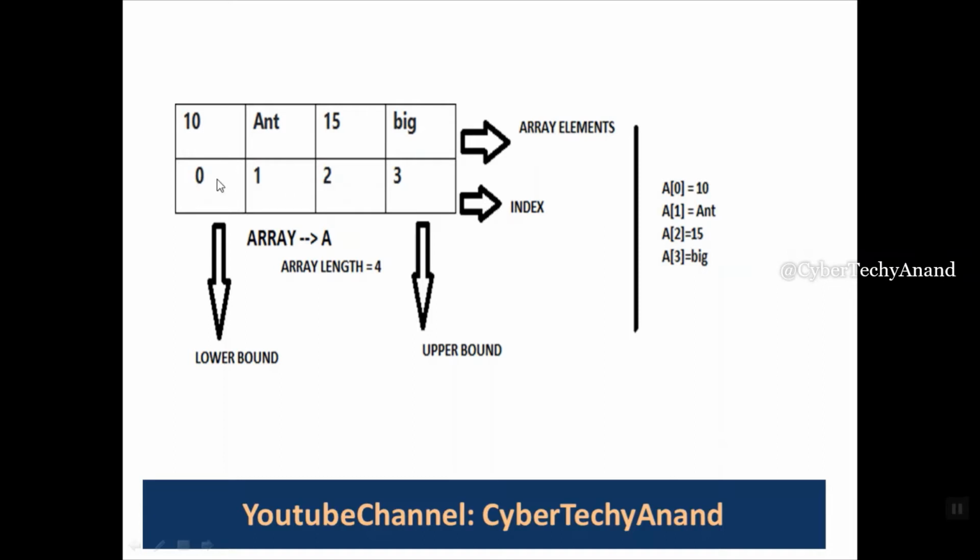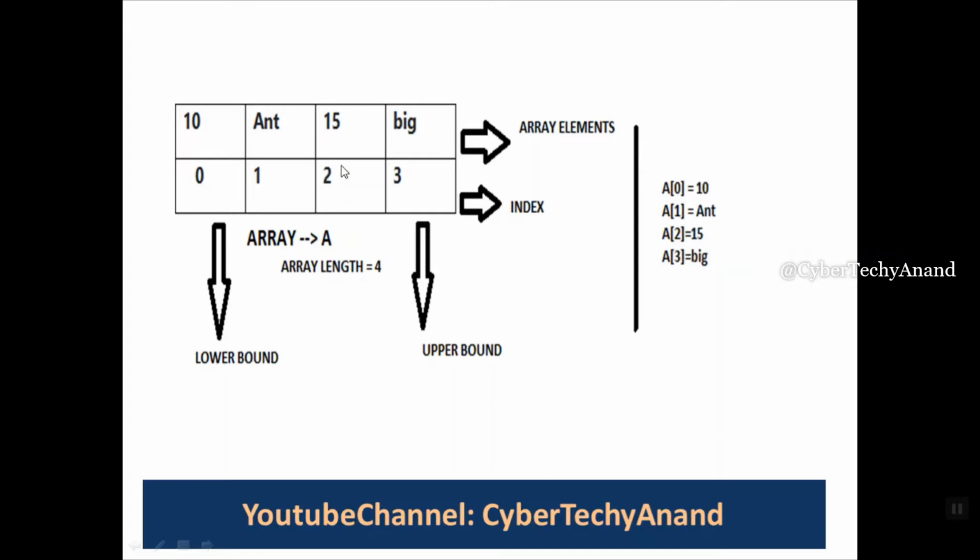Always the index of an array starts from 0. So this is the first element, this is the second element, this is the third element, and this is the fourth element. This array has been given the name A, and it has a length of 4.